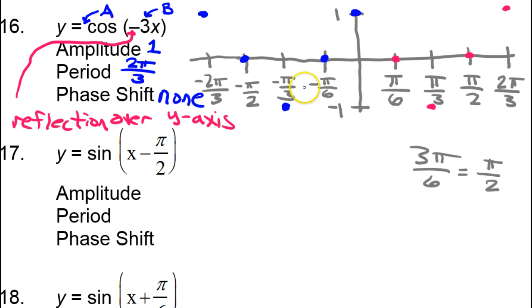So hopefully you can see that this set of blue points is the mirror image of the red points. It's the reflection over the y-axis. So these are the values that I will graph. So that's what number 16 should look like.